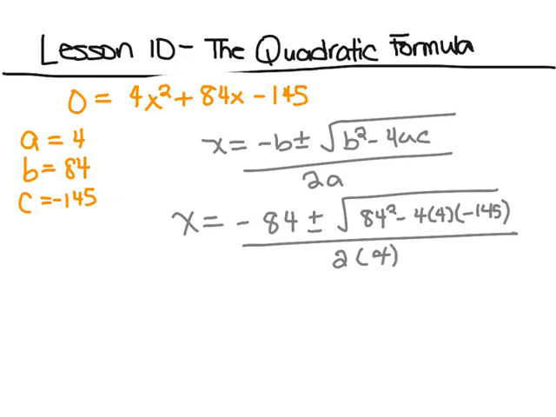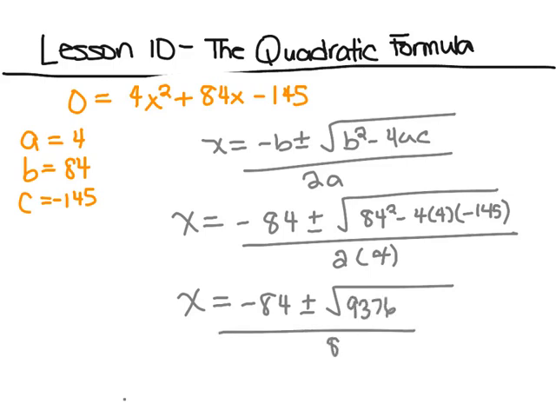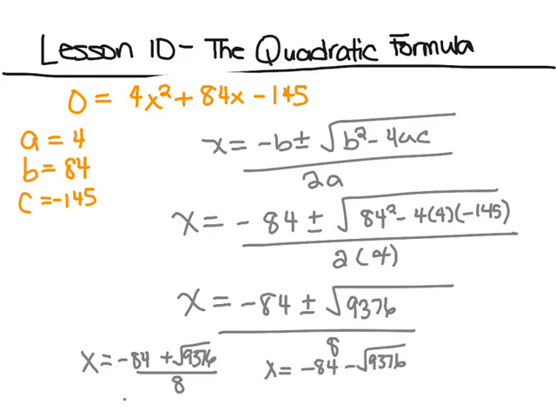Simplify the radicand underneath the radical, so we have negative 84 plus or minus the square root of 9,376 all over 8. So we have two solutions. It could be either x equals negative 84 plus the square root of 9,376 over 8, or x equals negative 84 minus the square root of 9,376 over 8.